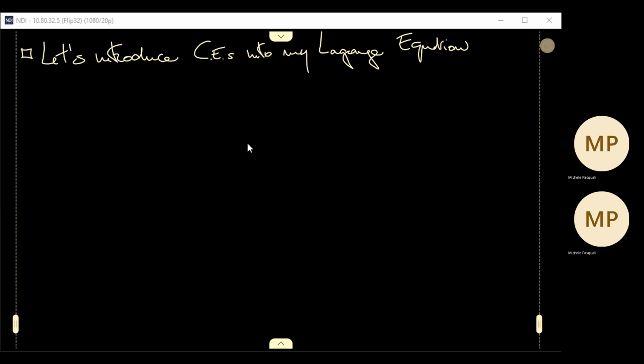In this case, we have two possible ways to do it, depending on the nature of the constraints that we want to include in our Lagrange equation.